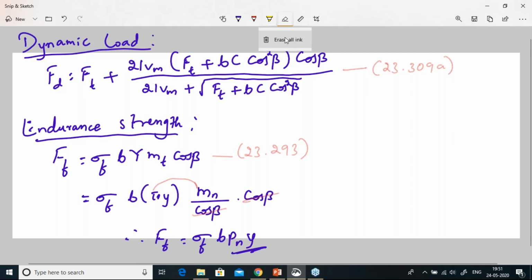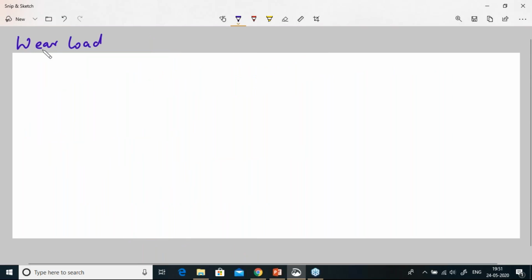Last topic is wear load. So according to Buckingham's equation, wear load Fw is equals to d1 bqk divided by cos square beta.